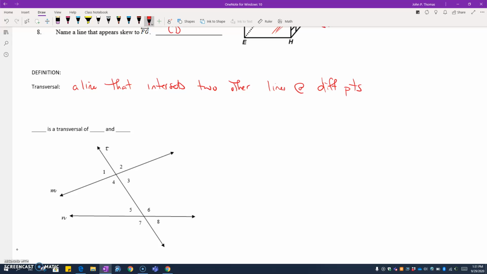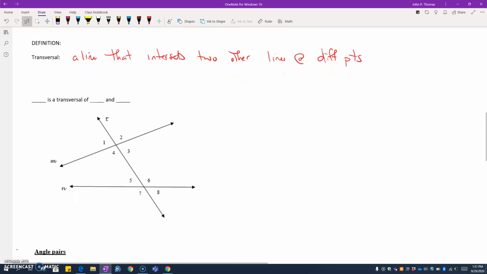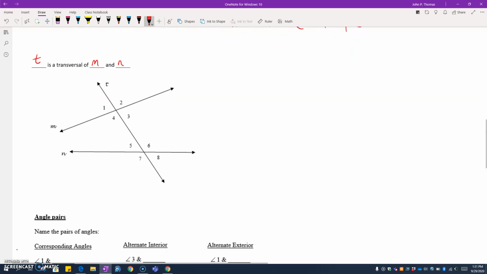So this would be two lines. They can be parallel, non-parallel, doesn't matter, but the transversal crosses each of the lines. So in the picture down here, we have the line T is the transversal of the other two lines, M and N. All right, so line T is a transversal of M and N.